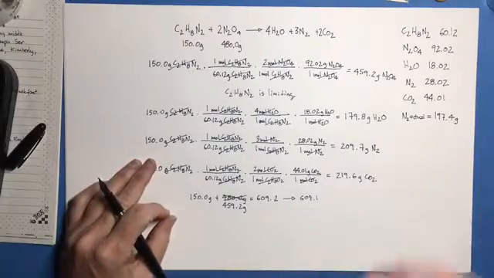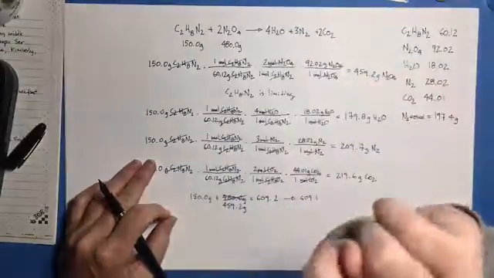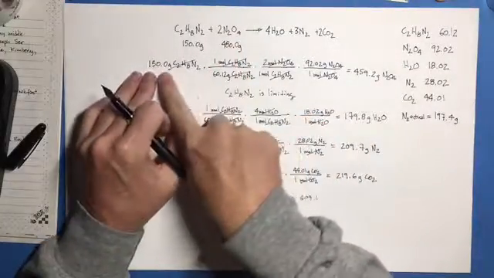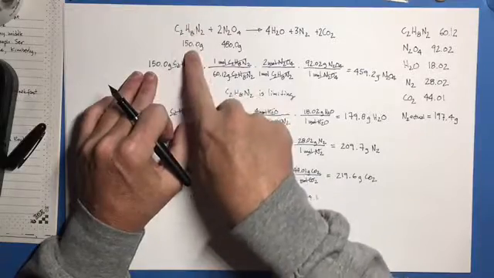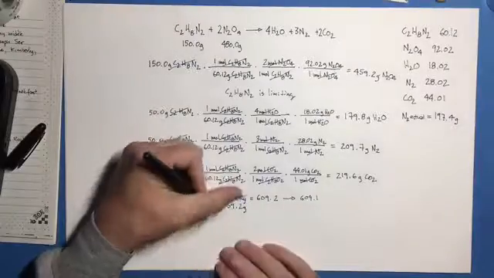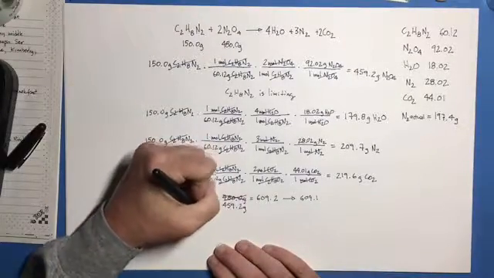So now, there are 2 more things to consider here. How much of the excess reactant remains? Well, I had 480 grams, and using this much dimethylhydrazine, I only used 459.2 grams. So that's just a matter of doing some subtraction.